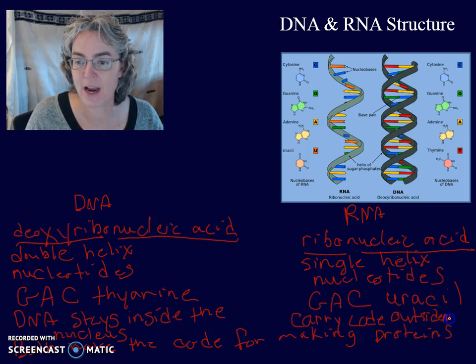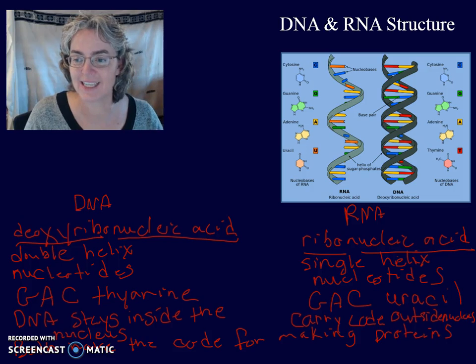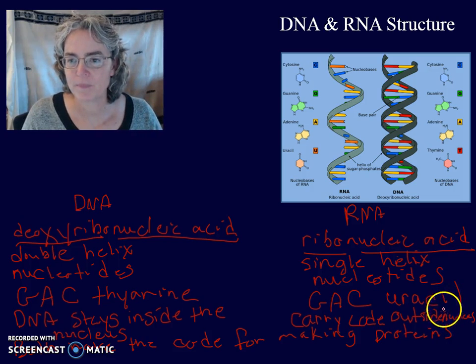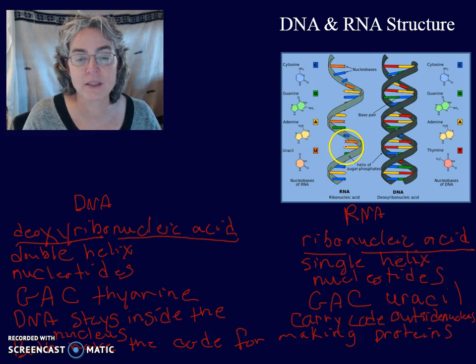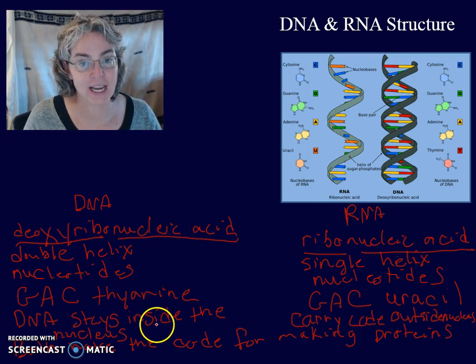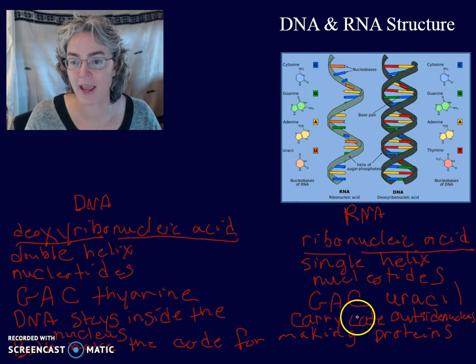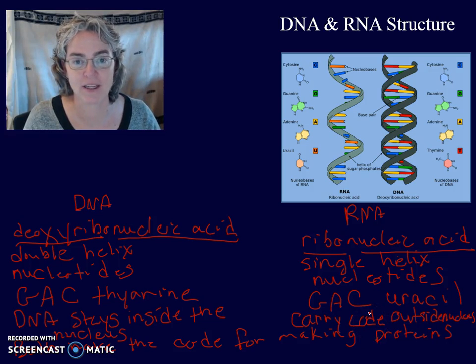And the RNA molecule is less stable. It actually needs to react with the ribosome to be able to make protein molecules. So DNA stays in the nucleus. RNA can go outside of the nucleus, carrying the code outside the nucleus.